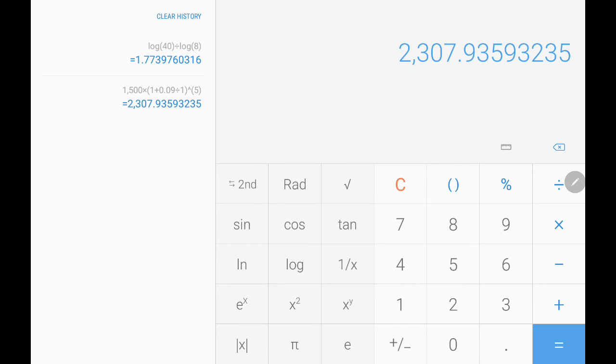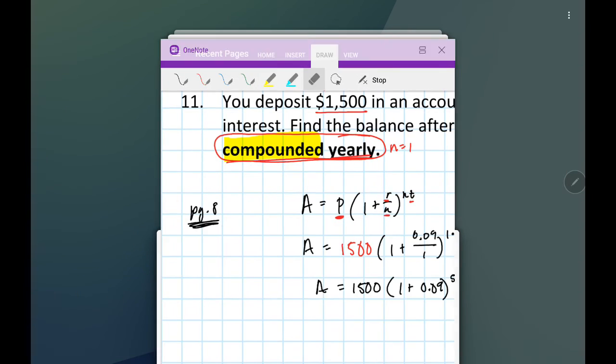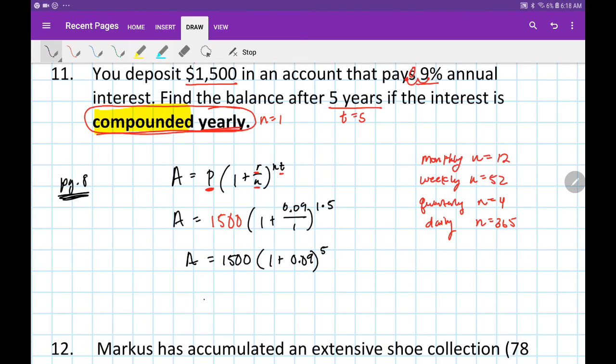My answer, $2,307.93. But there's a 5 right here, so I'll round that up to 94 cents: 2307.94. And that's my final answer.